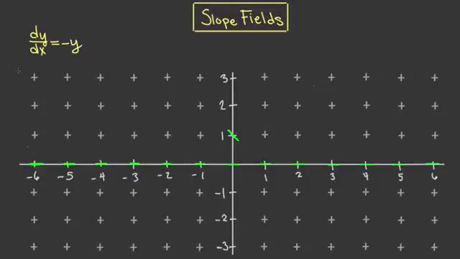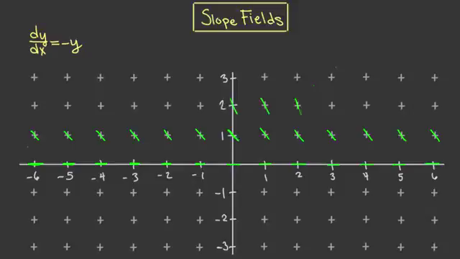We've also seen that at (0, 1), the solution curve has slope -1. And this is true for all of the grid points whose y value is 1. That is (0, 1), (1, 1), (2, 1), (-1, 1), etc. So I can draw a line segment of slope -1 at all of these points. At the point (0, 2), the slope is -2.